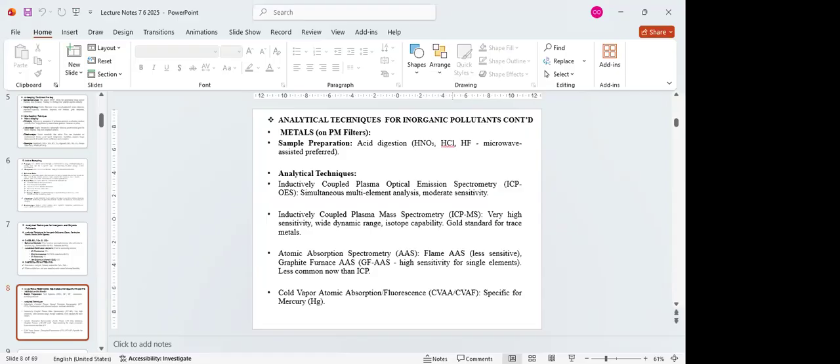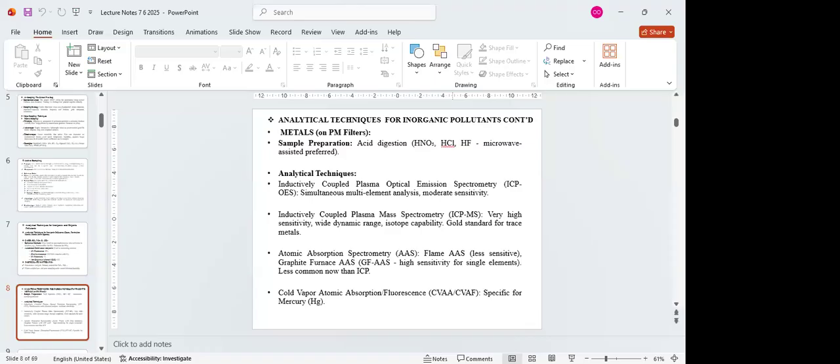Then we also have these AAS with degrees of sensitivity and sophistication. Some of them have what we call the graphite furnace. The graphite furnace allows for high temperature operations. So we have the GFAAS, which is also high in sensitivity, particularly for single elements.